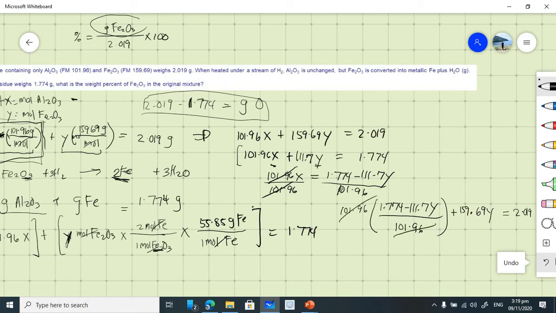So, the 101.96 cancels. You will now have 1.774 minus 111.7y plus 159.69y is equal to 2.019.